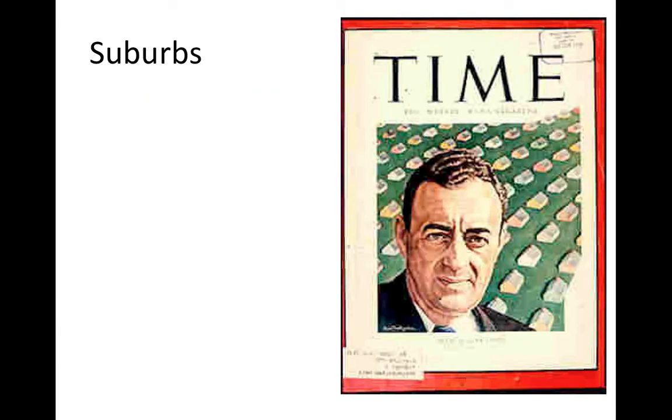Let's go from affluence to the second topic, which is suburbs. Prior to the late 40s, suburbs weren't really a thing. Around big cities, there were definitely fringe communities, but they weren't a big part of where people lived.